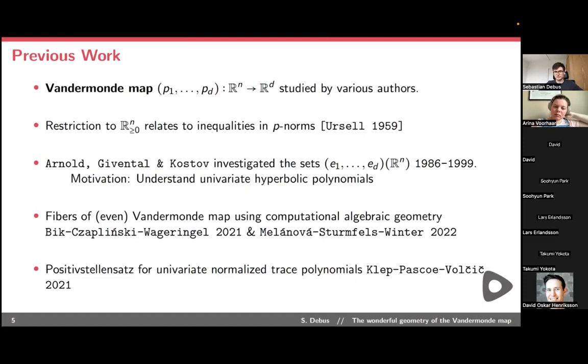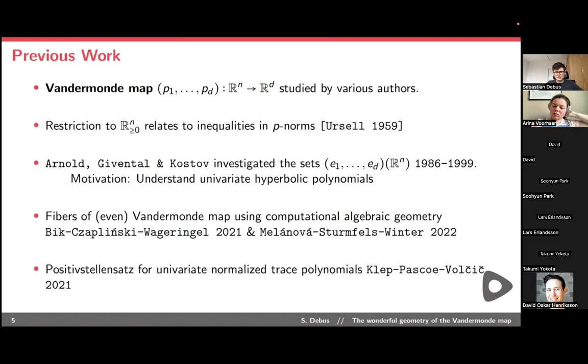And then Améndola, Sturmfels, and Winter, they have more general results, and they asked some questions. They didn't formulate it as a conjecture, but some questions like about the combinatorial type of this Vandermonde cell. This is something we give a proof for.